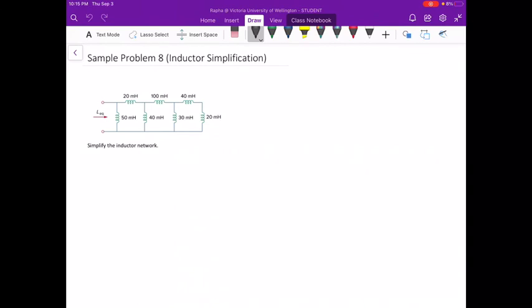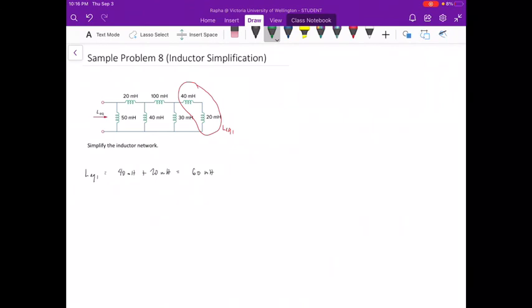So this is really similar to simplifying resistor networks. The first thing that we can add is this network over here. We have LEQ1, which is equal to the series sum. We have 40 millihenry plus 20 millihenry, that is equal to 60 millihenry.